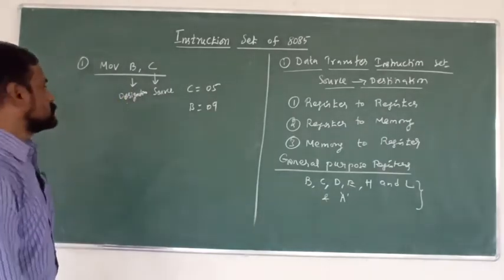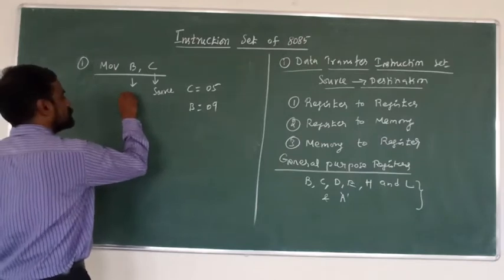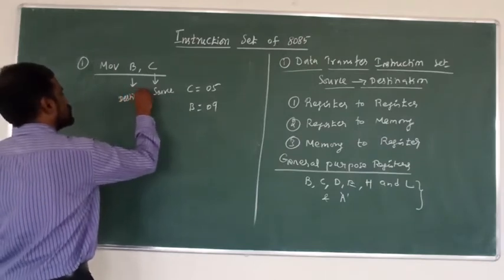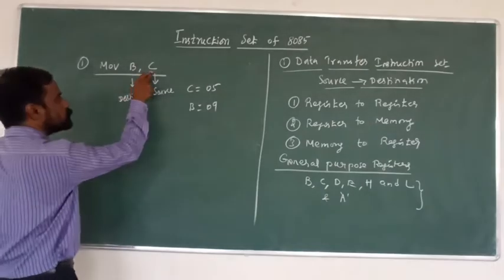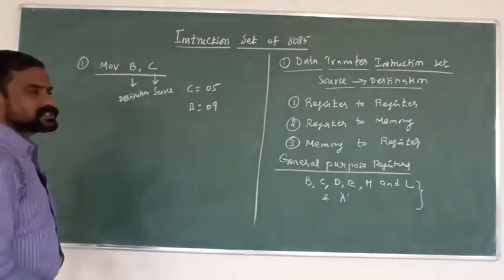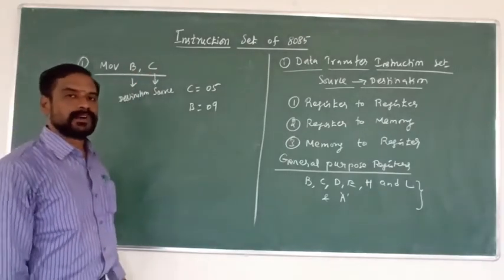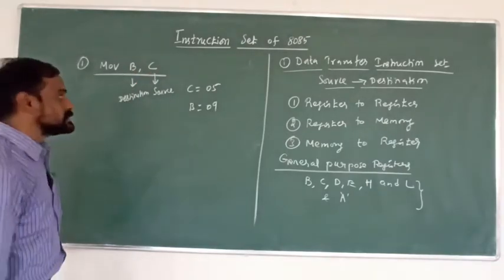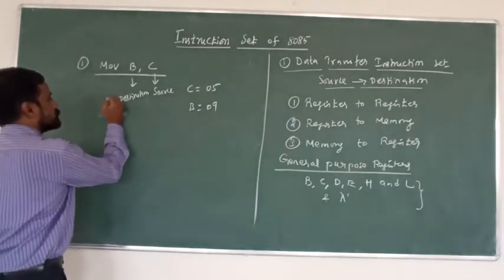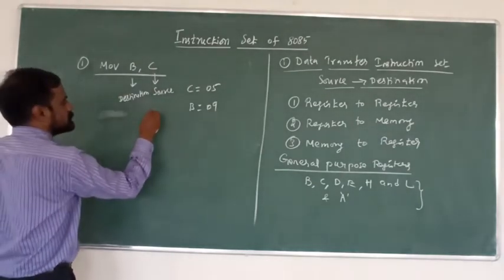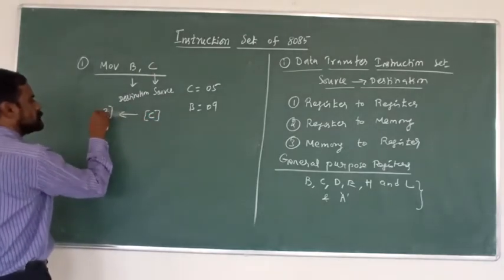Both are 8-bit registers. MOV B, C means the C register data is moved to the B register.